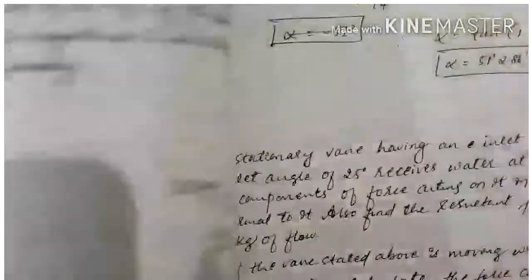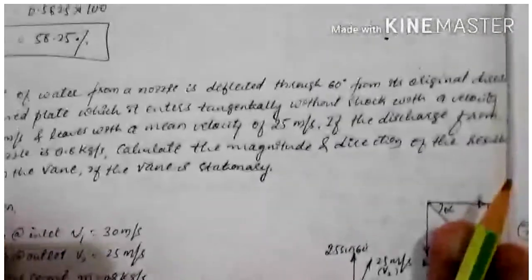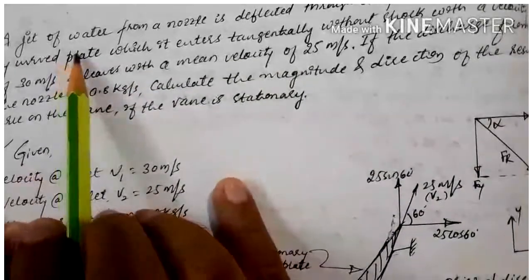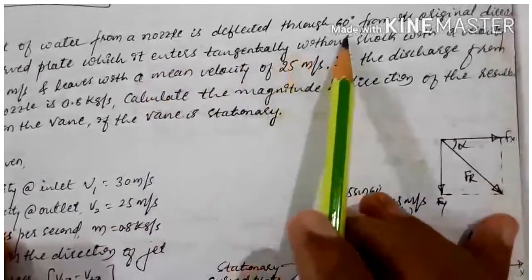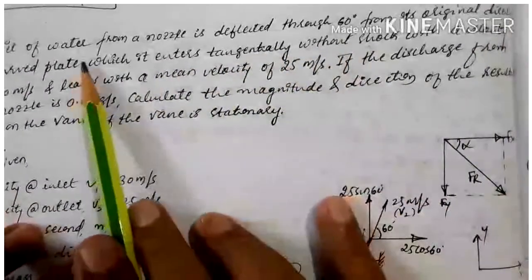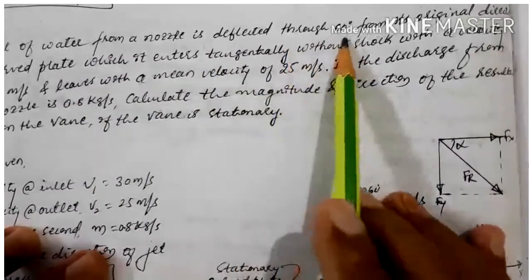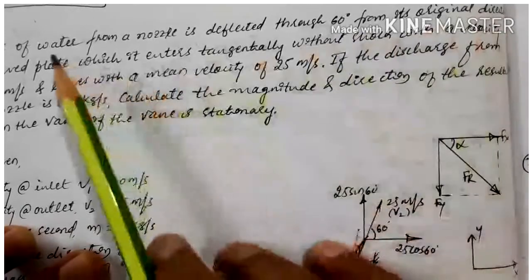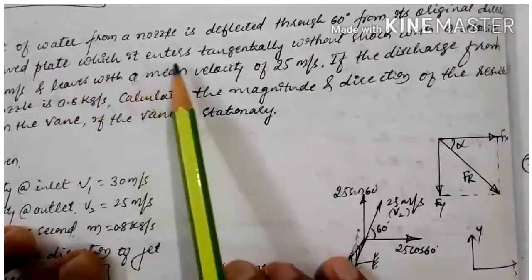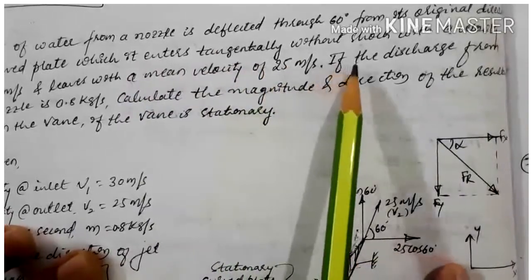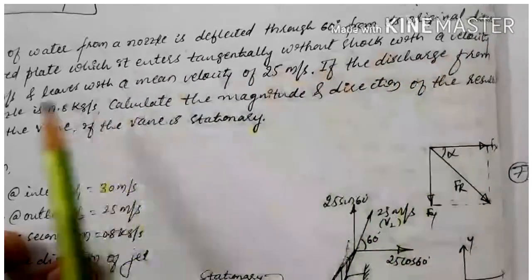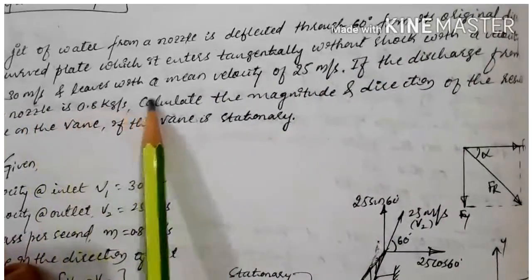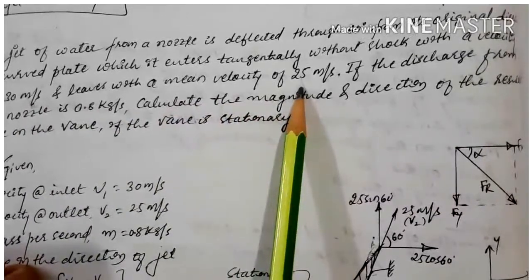Take the next problem. A jet of water from a nozzle is deflected through 60 degrees from its original direction by a curved plate, which it enters tangentially without shock with a velocity of 30 meter per second, and leaves with a mean velocity of 25 meter per second.